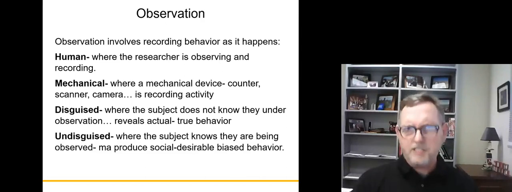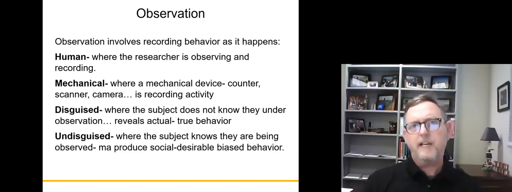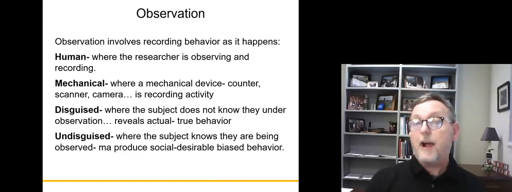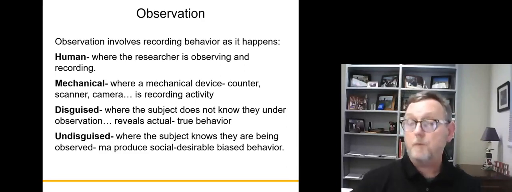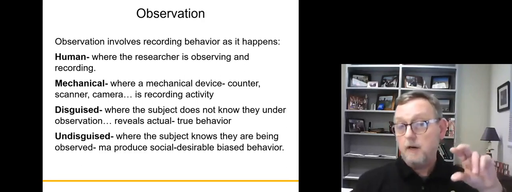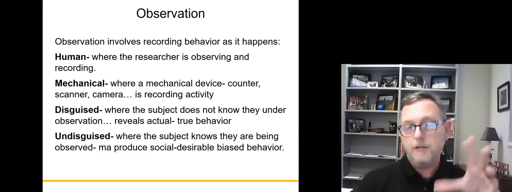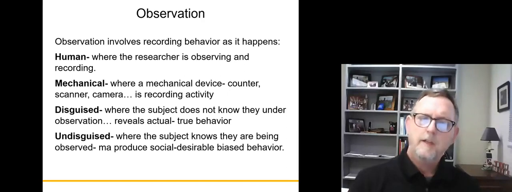Otherwise, we might want to be undisguised. In other words, we'd be there where the respondent knows that we're watching their behavior. So for instance, if we ask a person if we could track what websites they go to and put a tracking cookie on their browser, we might ask their permission to do that, and they would be perfectly fine with that.